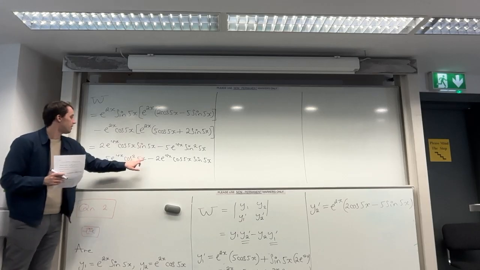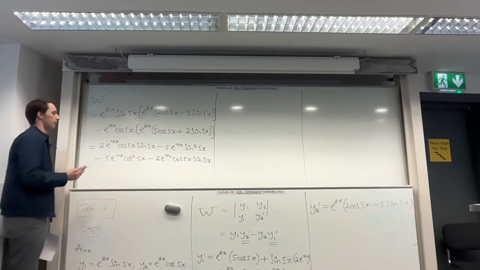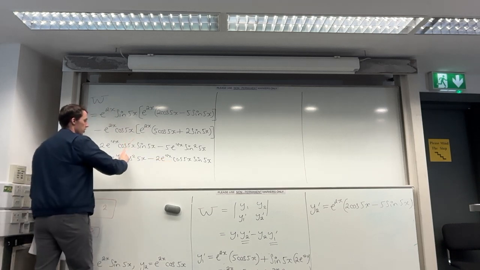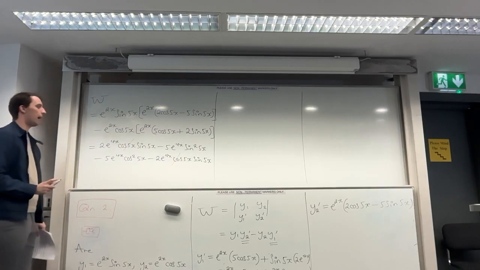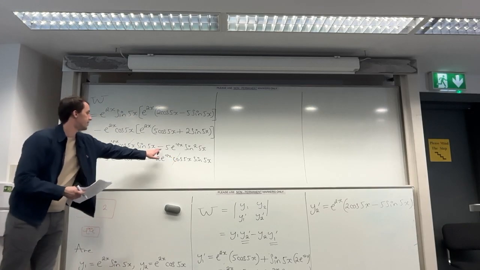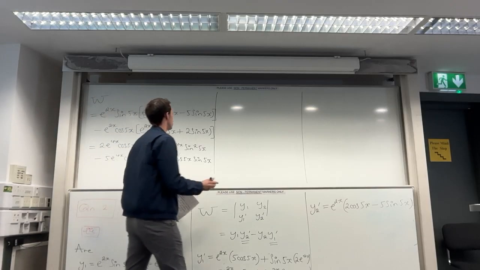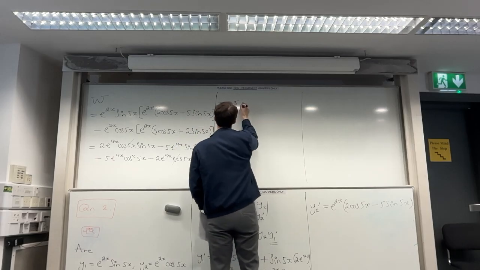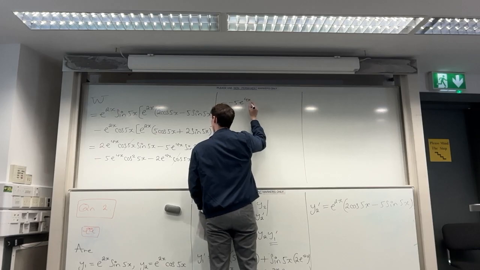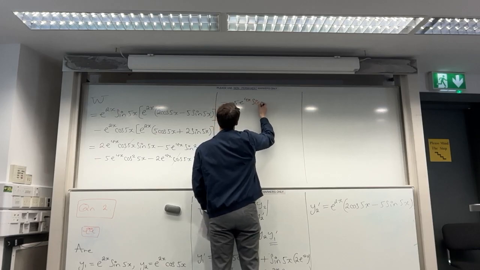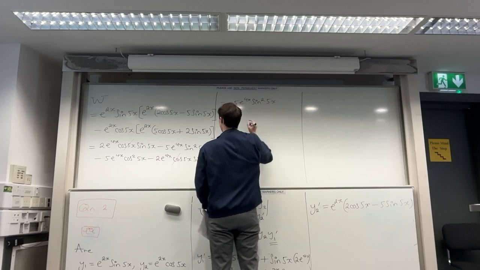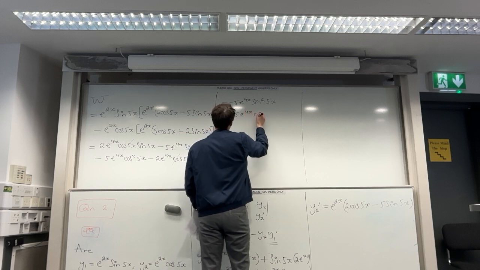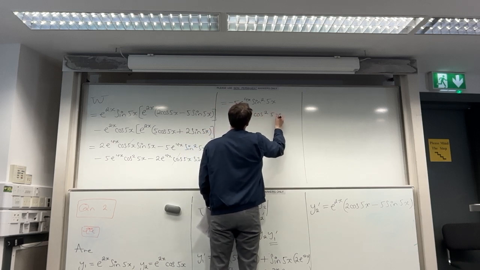Now, if we inspect this expression a little closer, we can see that the first term is the negative of the fourth term, so they cancel each other out. We're just left with the second term and the third term. Writing those out explicitly, that's minus 5e to the power of 4x sine squared of 5x minus 5e to the 4x cosine squared of 5x.